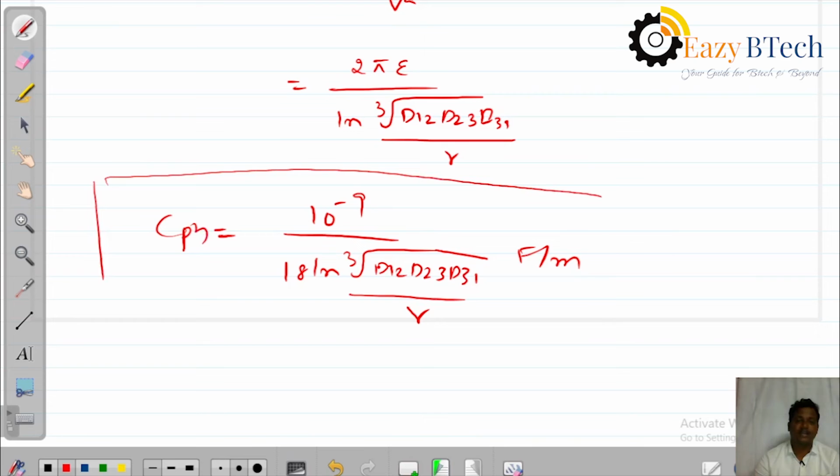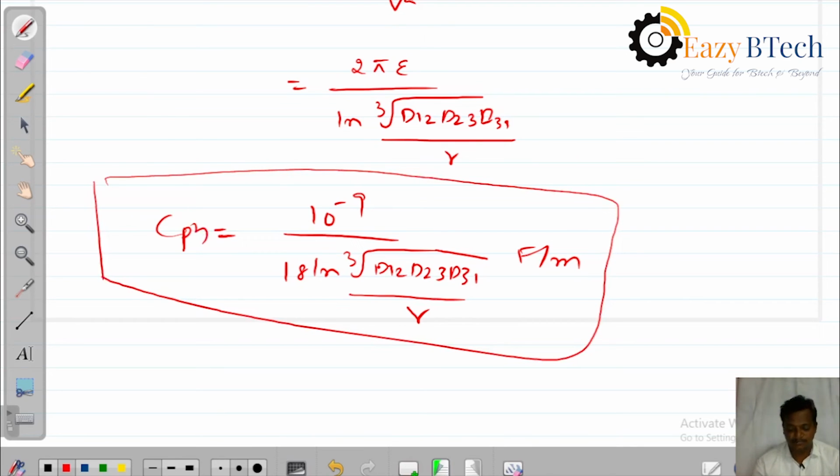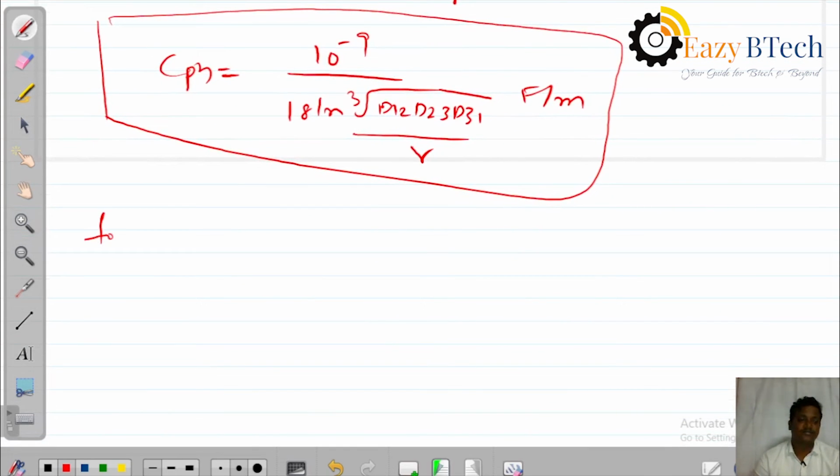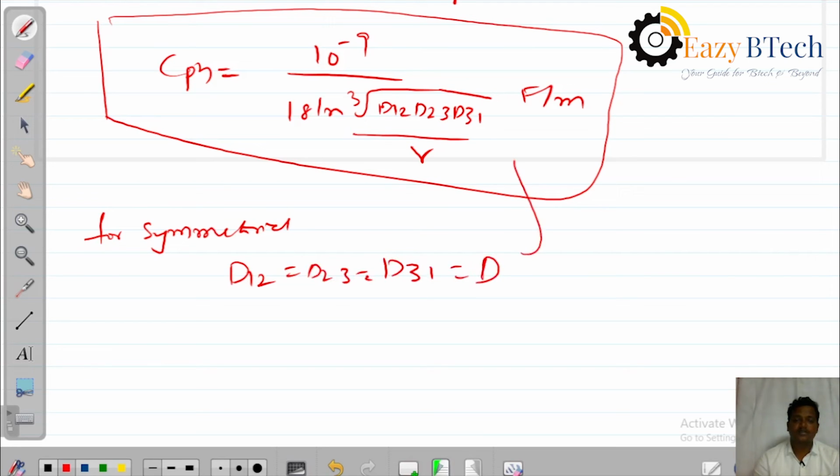Okay, this is the way we will calculate the capacitance of a three-phase unsymmetrical transposed case. From this formula also we can calculate for symmetrical spacing. Direct formula you get. In symmetrical, D12 equals D23 equals D31 equals D. Substitute here, what you get?